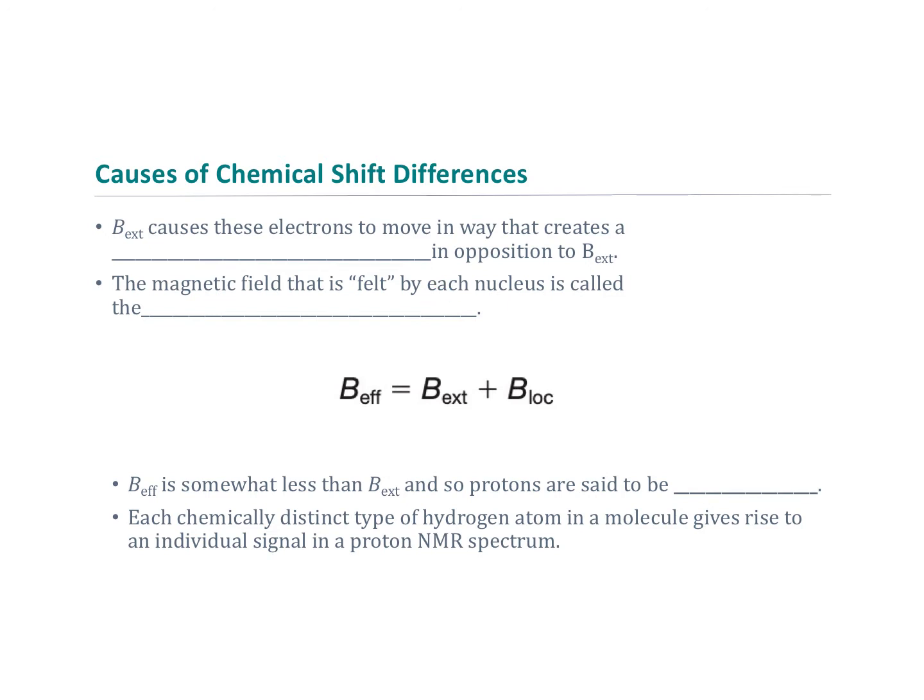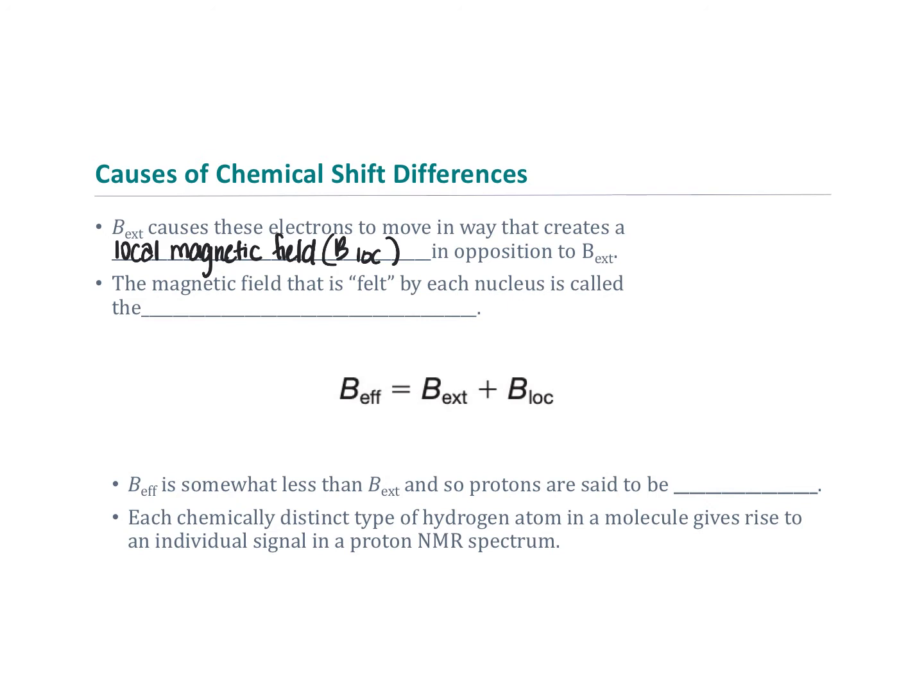So like I said before, the moving electrons create their own magnetic field lines, and at the nucleus, those magnetic field lines result in a local magnetic field, okay, that is opposite the direction of the external magnetic field. So that creates a local magnetic field, and we're going to call that B local, okay?